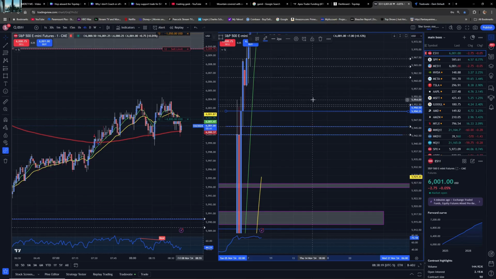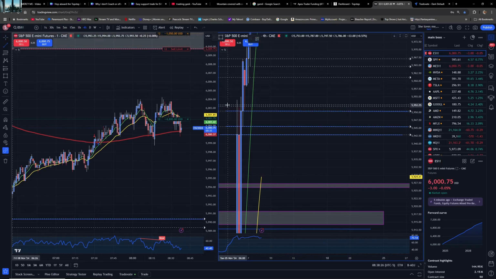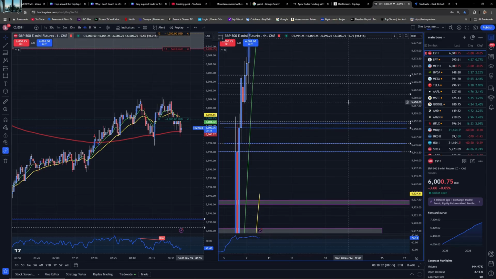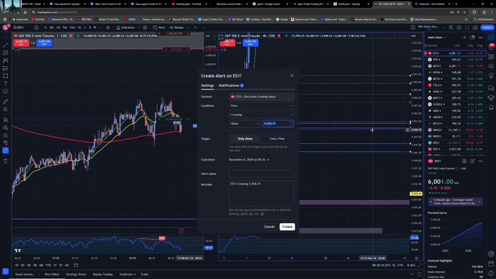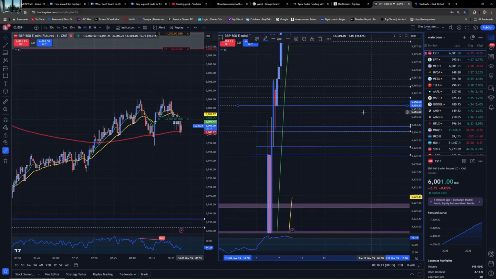Next to the top of these wicks. One trend line right there in between these two. All right, next we're going to go to the top of this wick, add alert there. And on this screen you see a lot of lines, but realistically you're not going to see but a couple of these when you're trading.